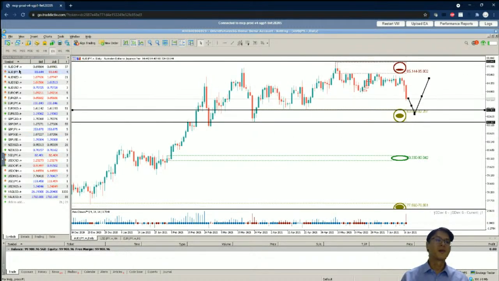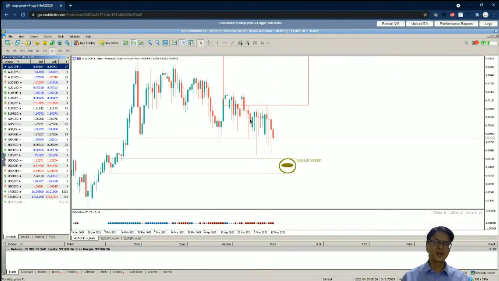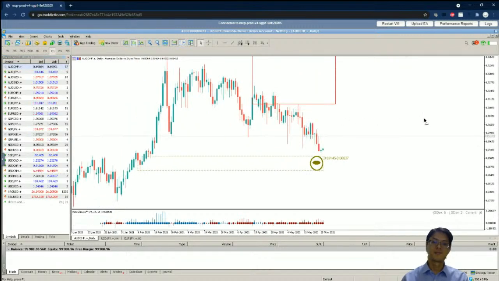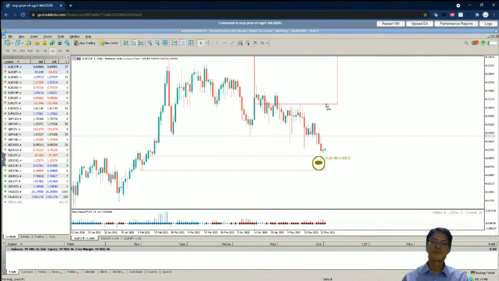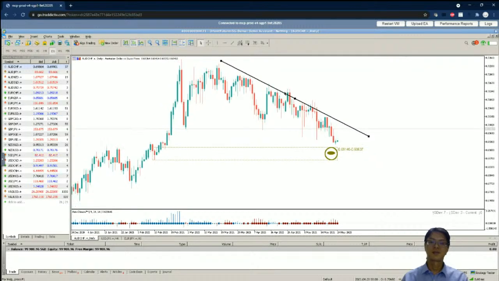So I think we'll find this, maybe the Swiss could be a little bit different. Let's see what's going on here. So this is a little bit more trending to the downside here.